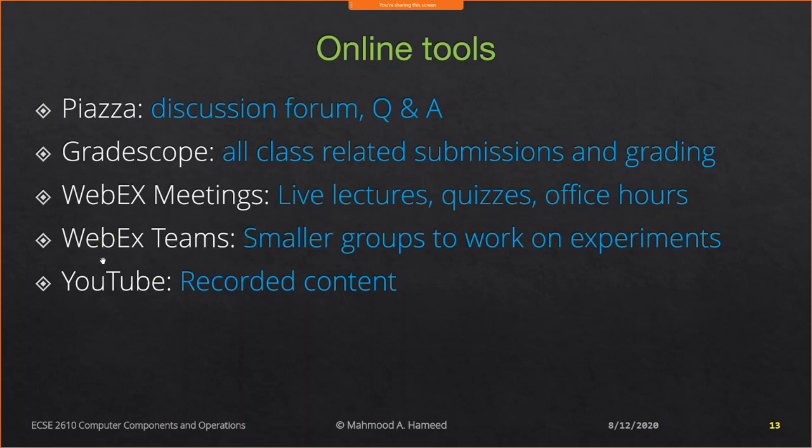Next, when it is time, each group will be subdivided into smaller groups. Because these are hands-on experiments, after we have a discussion on WebEx meetings, you will work with your smaller group, maybe groups of 2 or 3 students, in WebEx teams to complete the experiments.